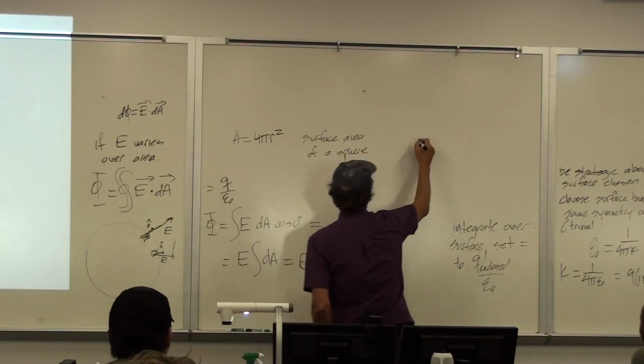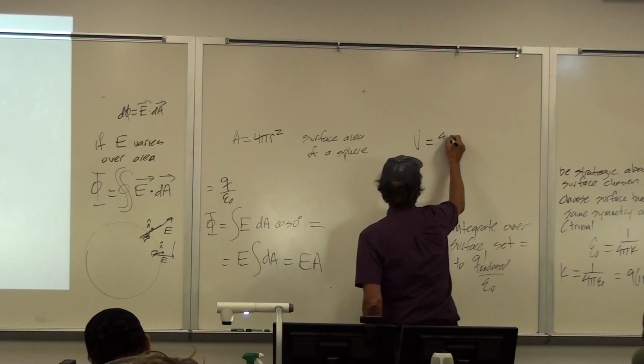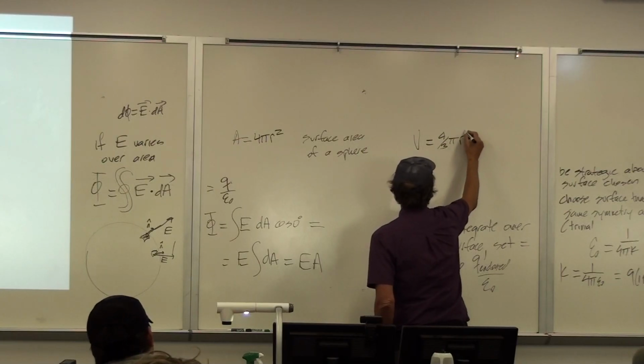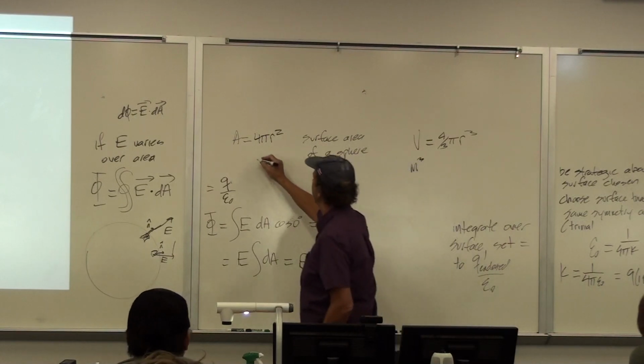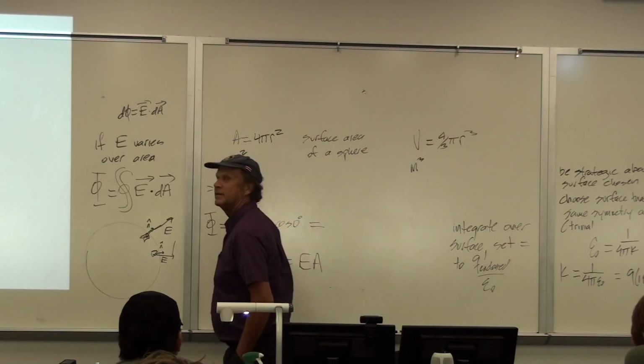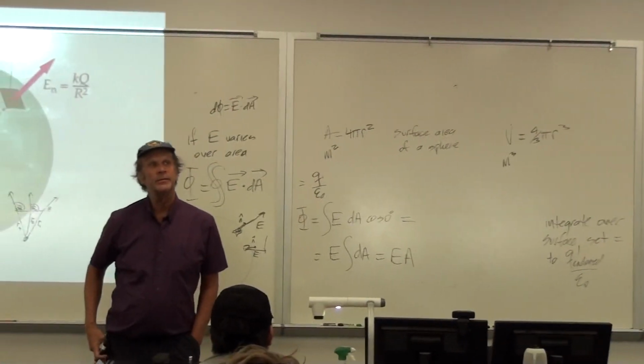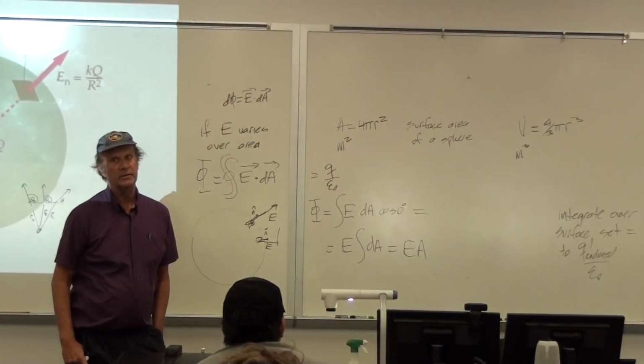Not to be confused with the volume, which is 4/3 pi r cubed. Volume has units of cubic meters. Area has units of square meters. So you can just analyze it from the units if you get them confused.